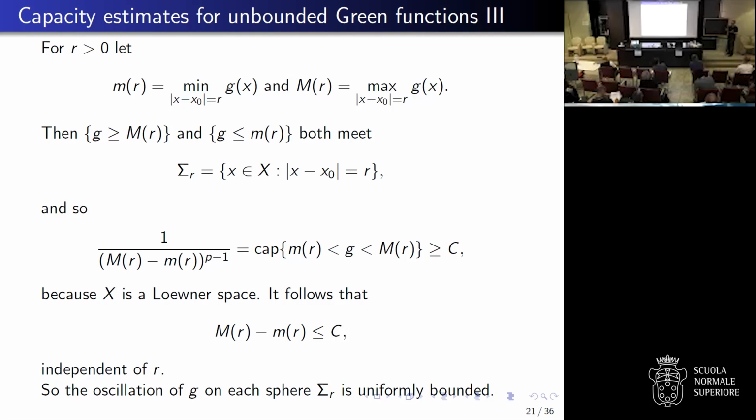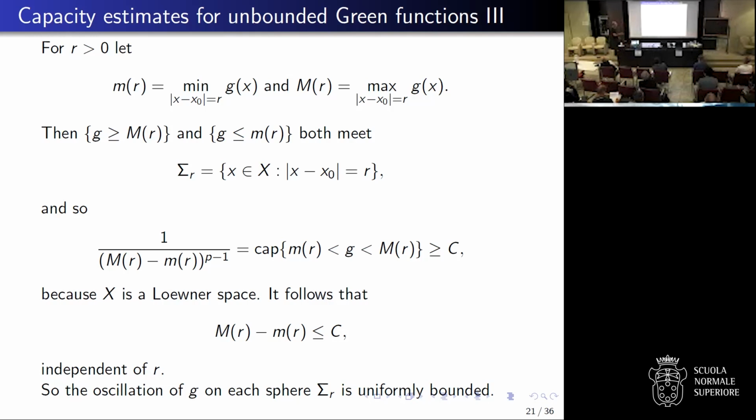And now it's a standard property of Löwner spaces that if you have two continua that have bounded relative distance, then the capacity that you get from these two continua from the condenser is uniformly bounded from below. That's really the crucial property of a Löwner space. And this gives you this inequality here.